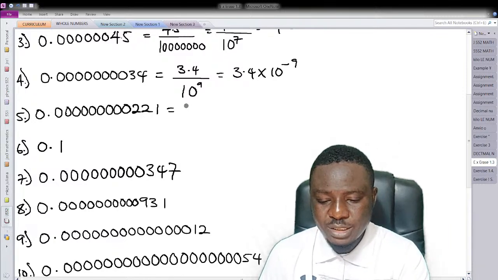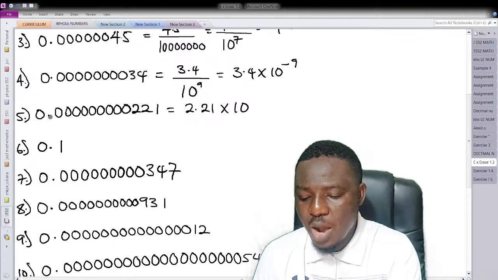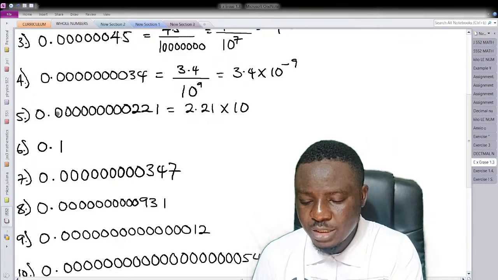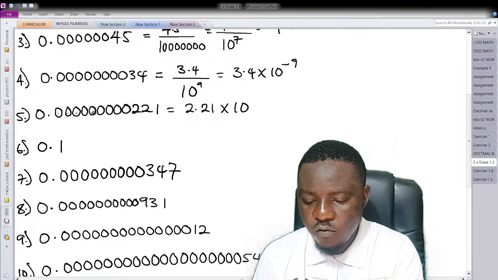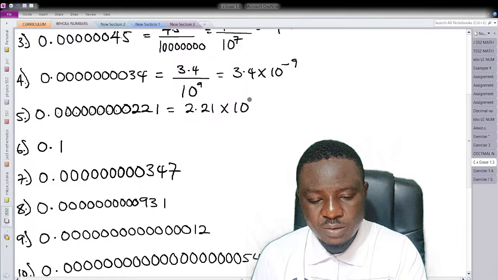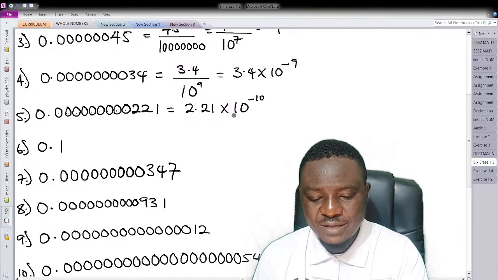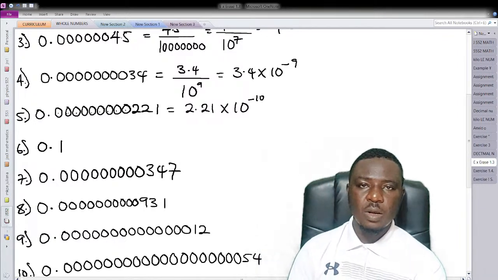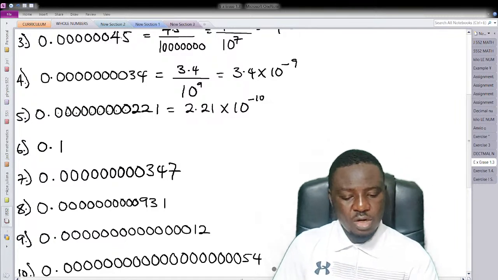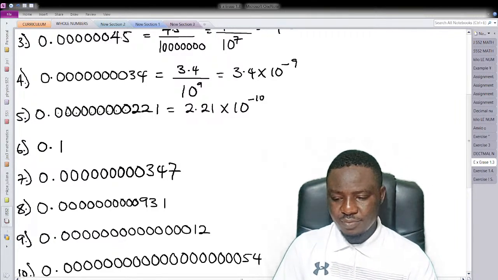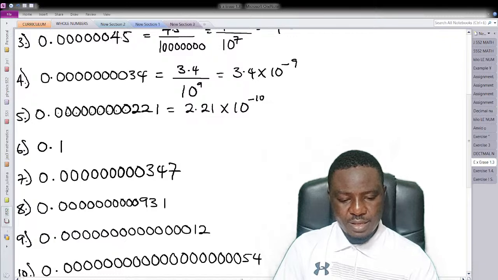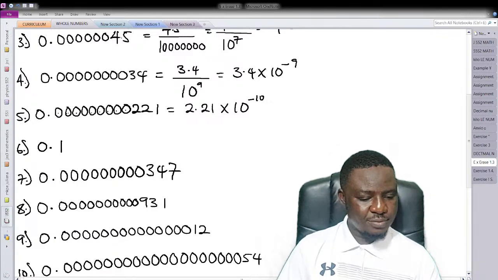This is going to be 2.21 times 10 raised to the power of, how many times will I move the decimal point? This becomes 1, 2, 3, 4, 5, 6, 7, 8, 9, 10. So this is times 10 raised to the power of negative 10. So Sarah, do you understand all I did? Are you with me, Sarah?